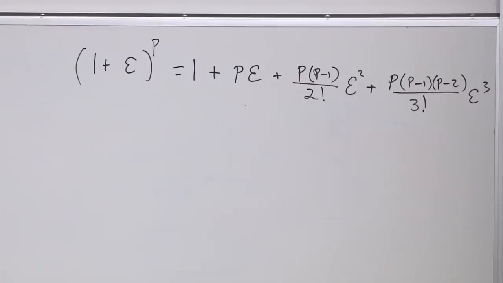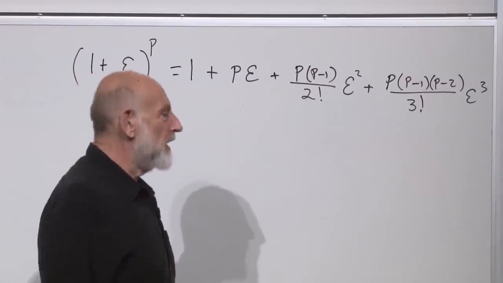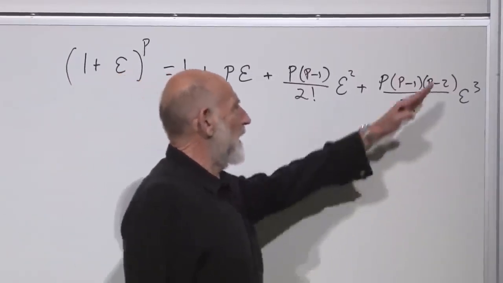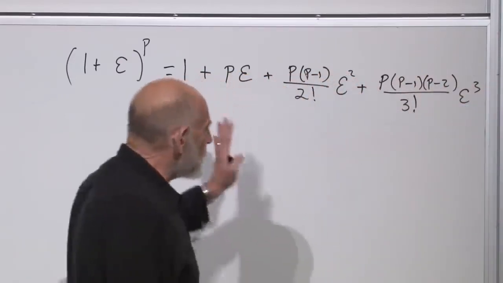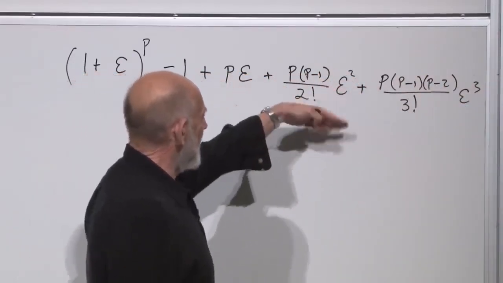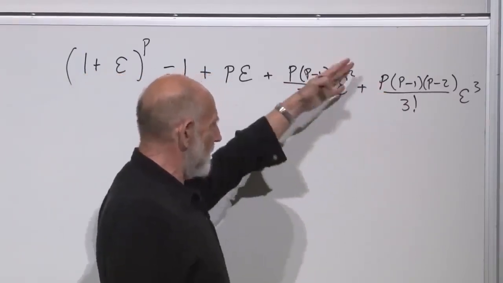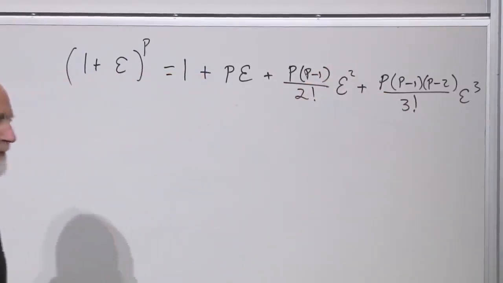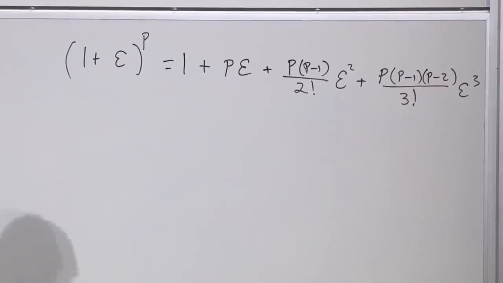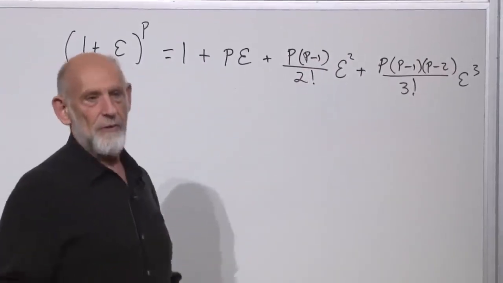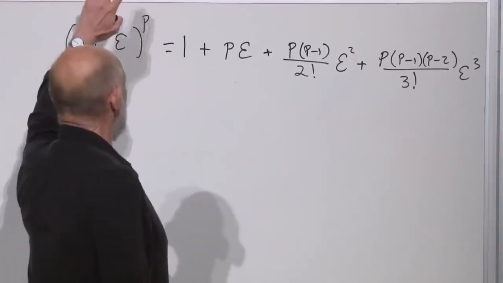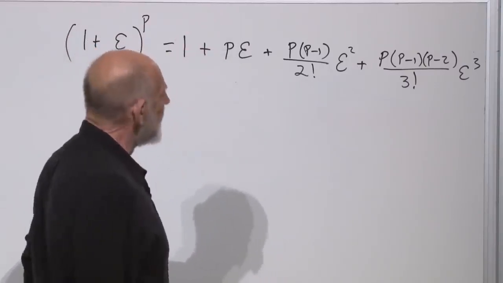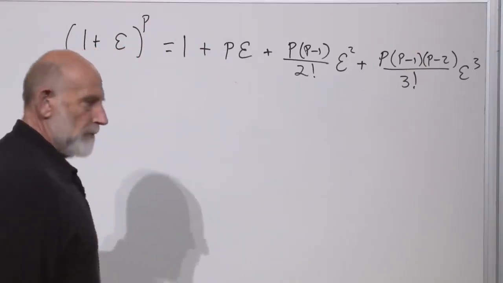If epsilon is not too big, then this series will converge. And the meaning of saying it converges is that each term is significantly smaller than the previous in such a way that it's a good approximation to terminate the series after an appropriate number of terms, where appropriate depends on just how much precision you want. But in particular, if epsilon is really very small, it's usually the case that the first term is the most important one.